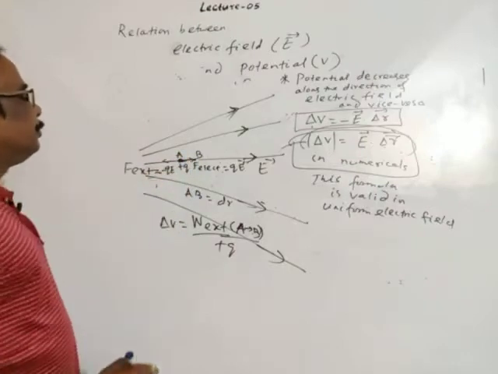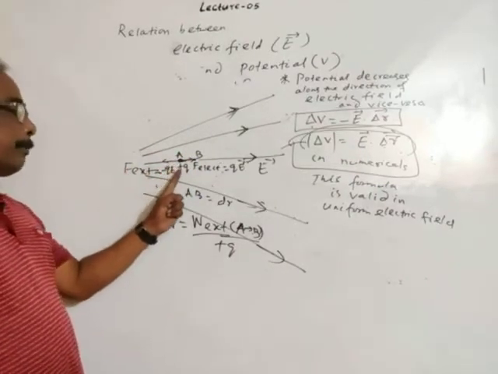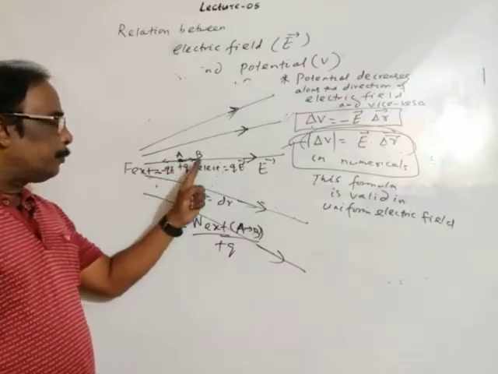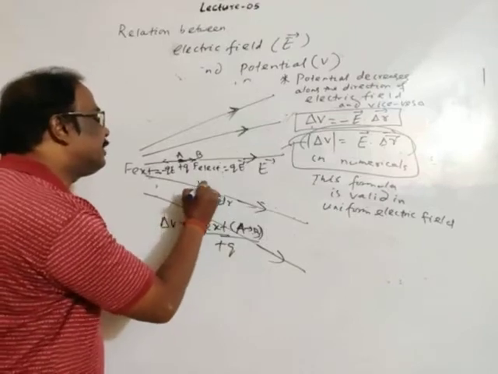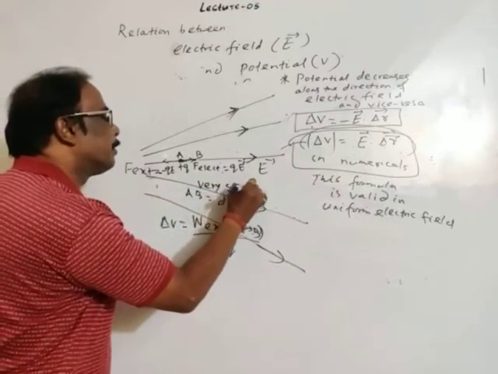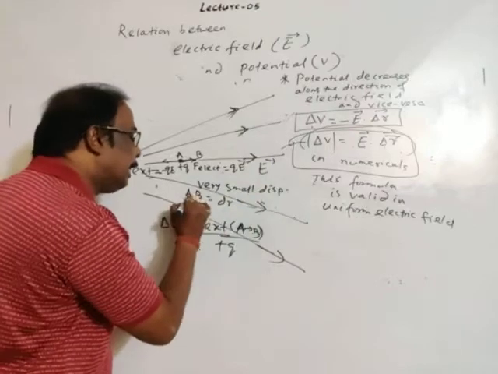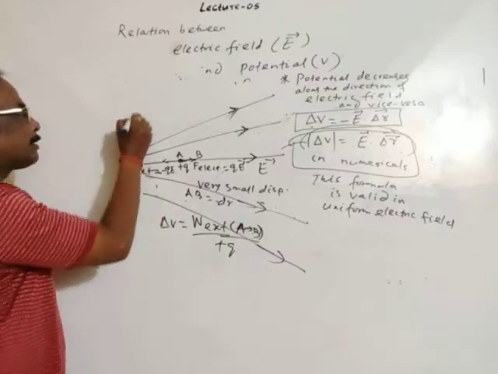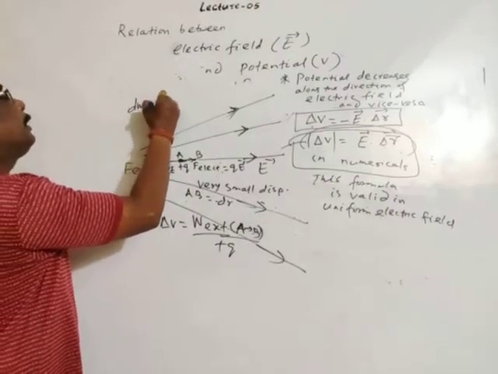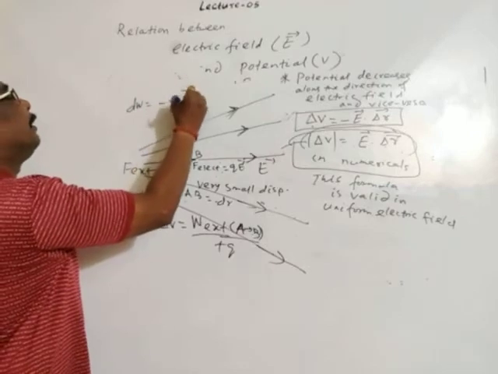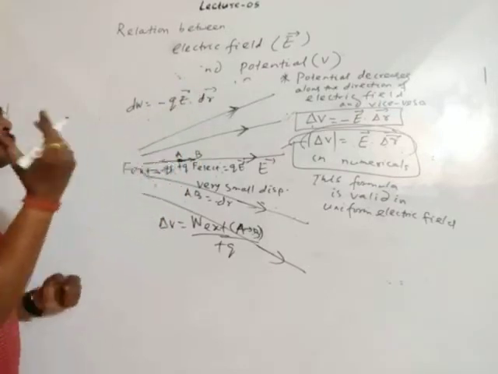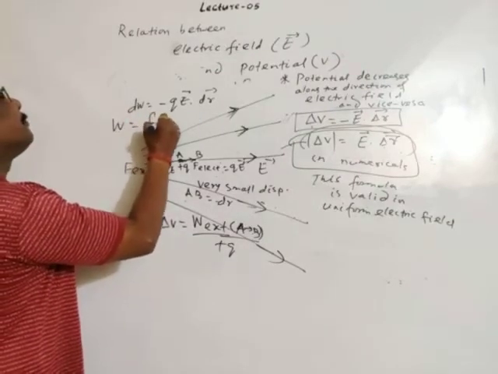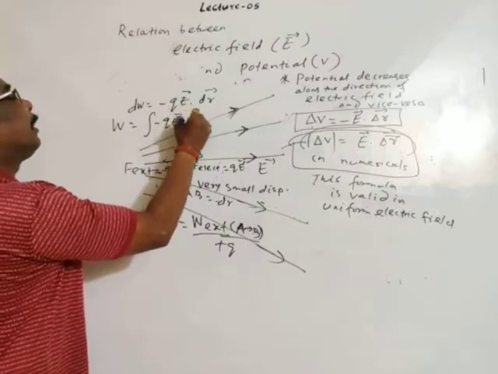So this external force is applied on this unit charge, and the unit charge is moved from A to B through a very small displacement AB, that equals dr. Then work done, let dW, is equal to minus QE dot dr. Then total work is the integration of minus QE dot dr.